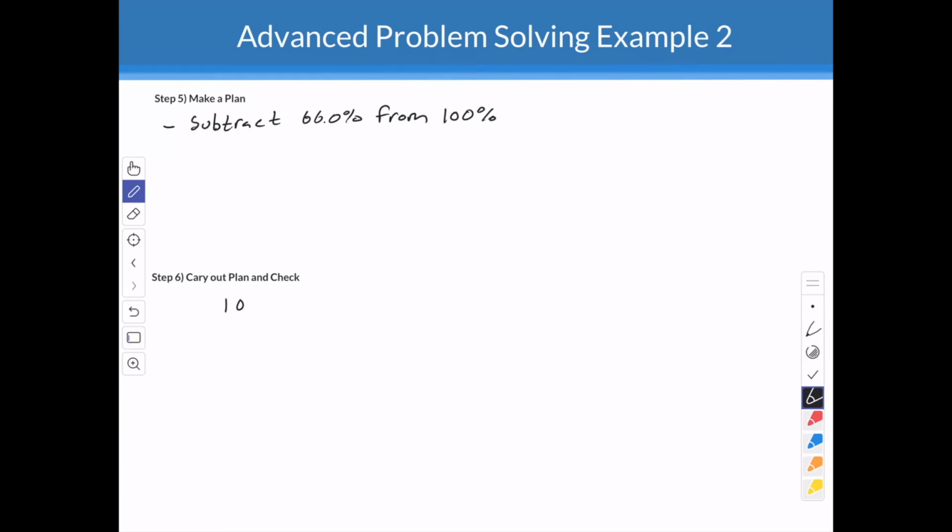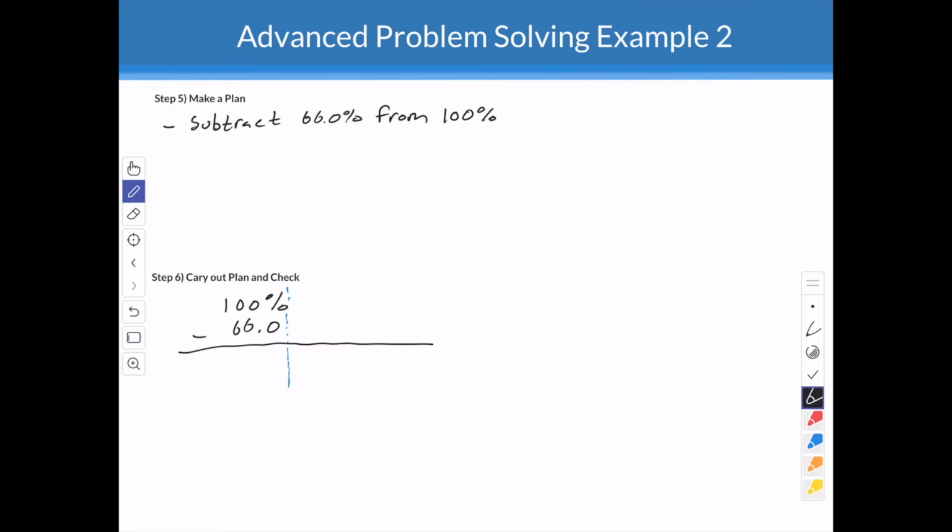Now we know this is a perfect 100%, right? 100% of the atoms in that molecule is a perfect 100%. Subtract 66.0. So since this is a perfect 100, we can imagine this being dot 0, 0, 0, always to infinity. So when we draw our vertical line, it's going to be here.